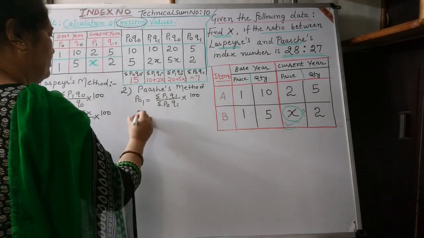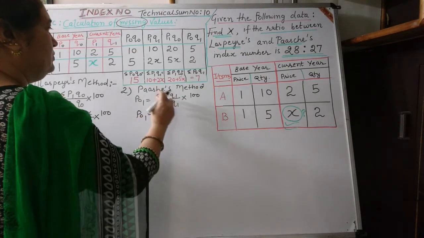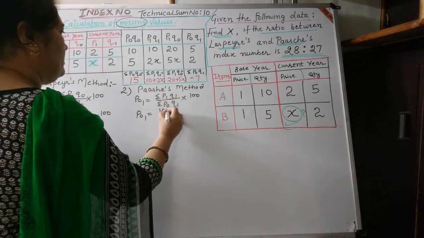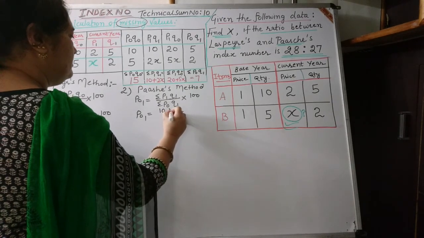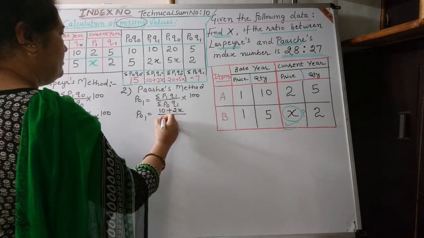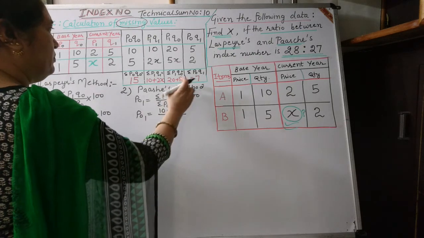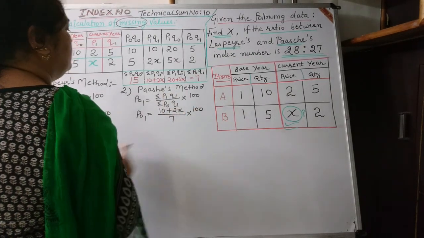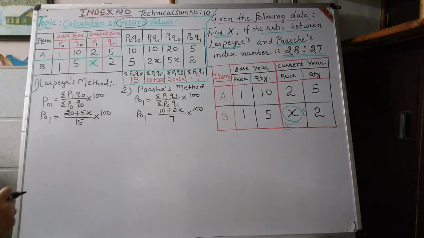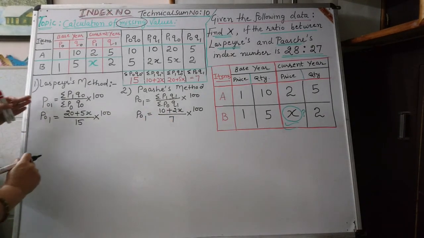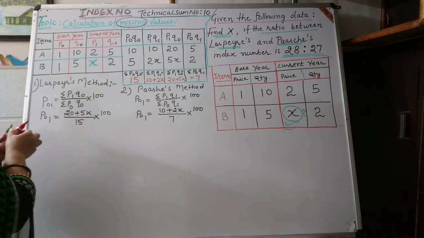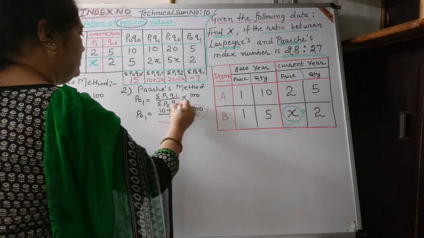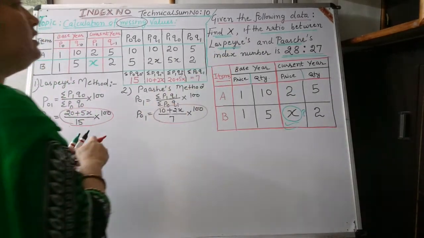Or second, P01 is equal to sigma P1 Q1, which is 10 plus 2x, divided by sigma P0 Q1, which is 7, multiplied by 100. So these are the values which we have put in Laspeyres' and Paasche's methods. Now the next statement is given.